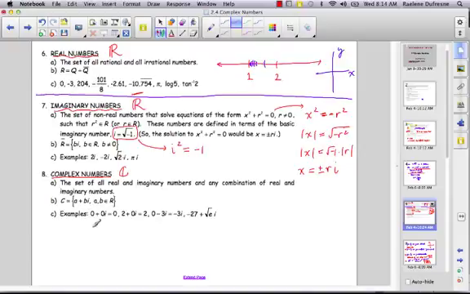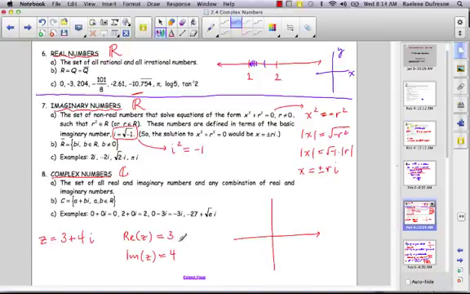We often plot complex numbers like 3 plus 4i, not in the real plane, but in the complex plane. What we do is we talk about the real part. If this is a number, let's call it z, we can talk about the real part of z, which is 3, and the imaginary part of z, which, while we think it might be 4i, is just the coefficient of the imaginary part, and it's 4.